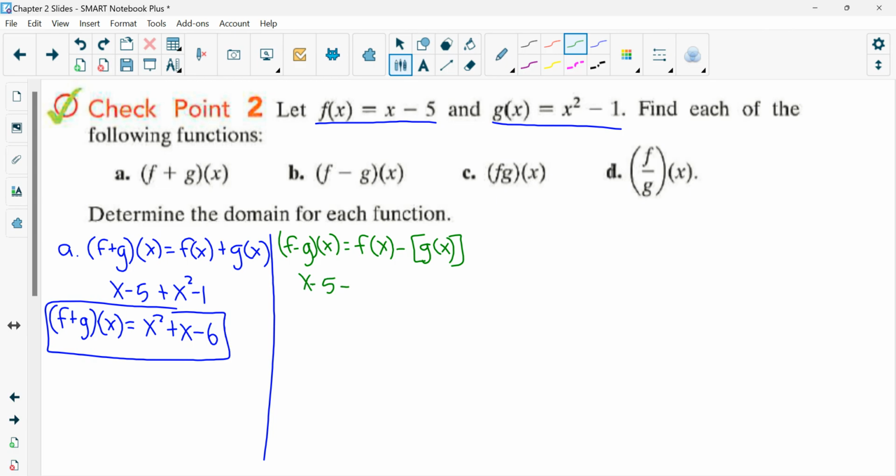Then g of x, so I put minus, and then I'm subtracting the entire g of x function, x squared minus 1. So it's important that you put that g of x function in brackets or parentheses, because that means we have to distribute the negative sign through. So I get x minus 5 minus x squared plus 1.